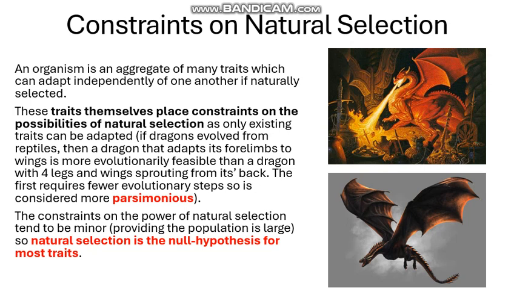So the example that I'm talking about, if dragons evolved from reptiles, just think of a lizard, quadrupedal, 4 legs, 4 limbs, then a dragon that adapts from one of these quadrupedal reptiles is going to have its 4 limbs, and it's going to have its hind limbs.